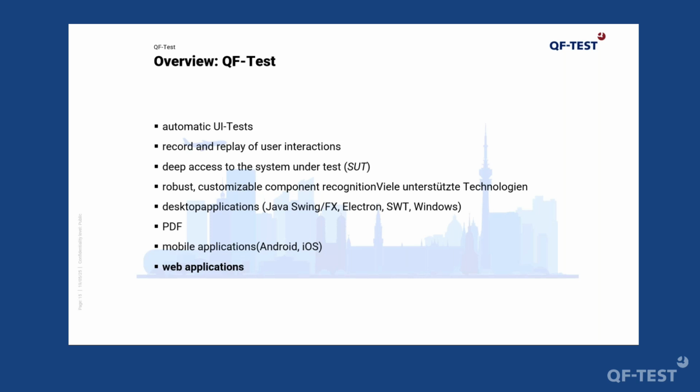We have multiple ways to simulate user interactions, and you can also record your own interaction and replay them, and build very big test systems that you can automatically run whenever you want, and find errors in your user interface if you want to. We support multiple technologies, and especially today we are talking about web applications.